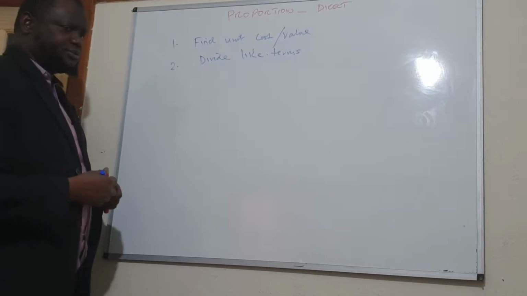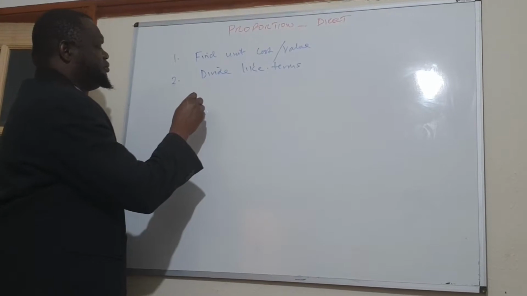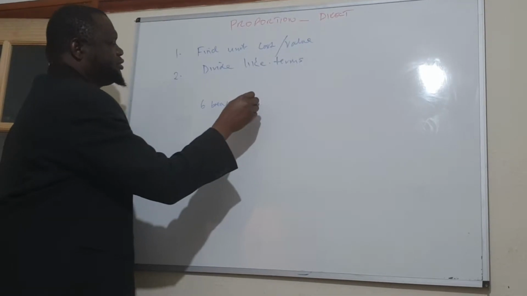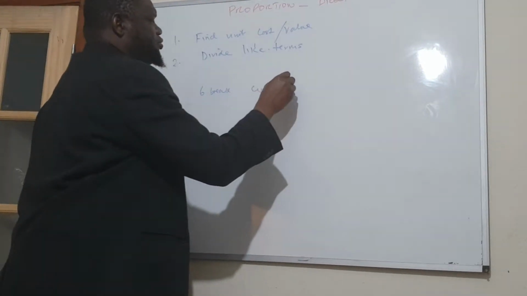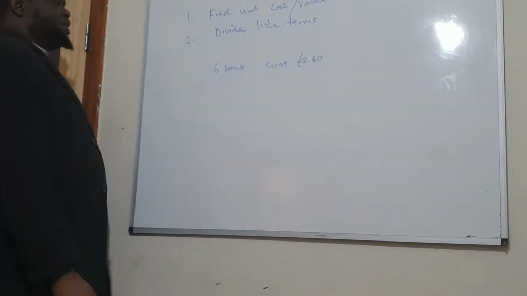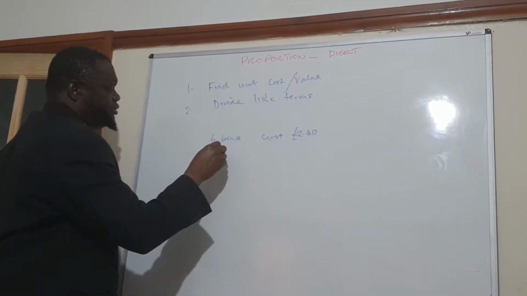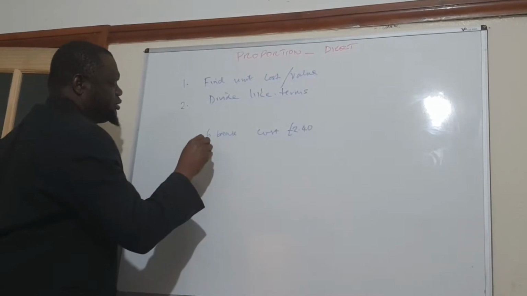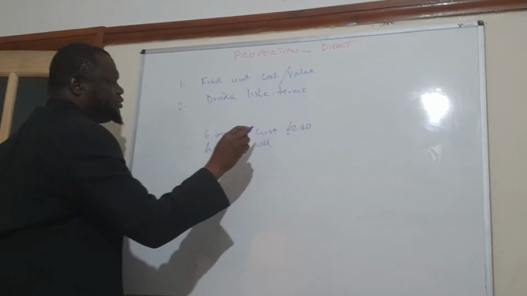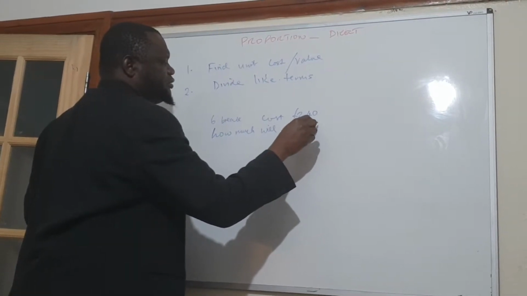Find unit cost. Let's say somebody said that 6 loaves of bread cost £2.40. How much will 18 loaves of bread cost?